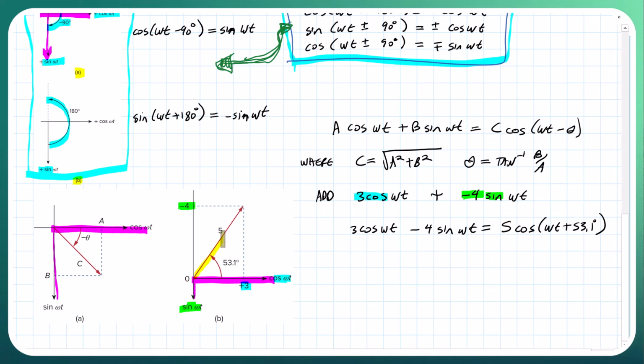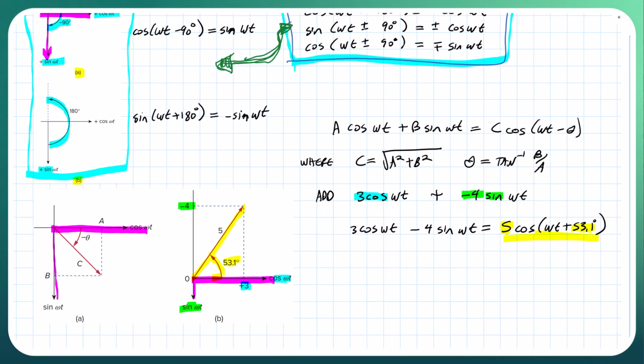It's a 3, 4, 5 triangle, so we get 5 cosine of omega t plus 53.1 degrees, and that's how we get this. So that's a graphical approach to looking at these trigonometric identities without having to memorize them.